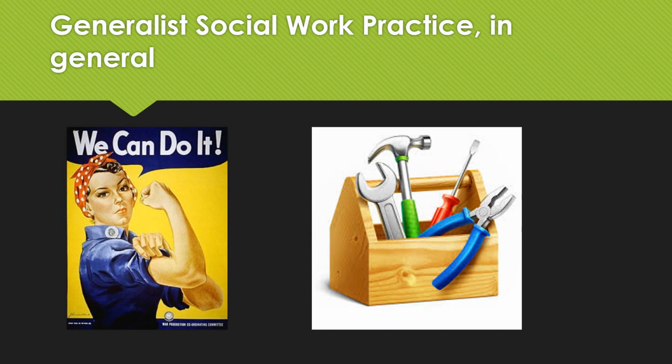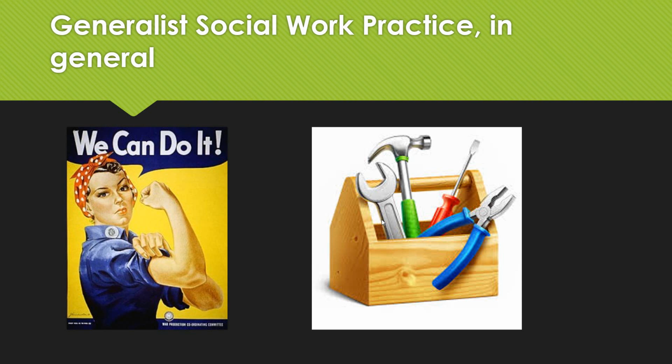In this slide, we're going to take a look at generalist social work practice in general. I have 2 pictures for you. On the left, we have Rosie the Riveter, and on the right, we have a toolbox. What these pictures mean to me are the emphasis that generalist social work practice places on, on the one hand, client empowerment, and on the other hand, the toolbox represents eclectic knowledge base for professional problem solving.